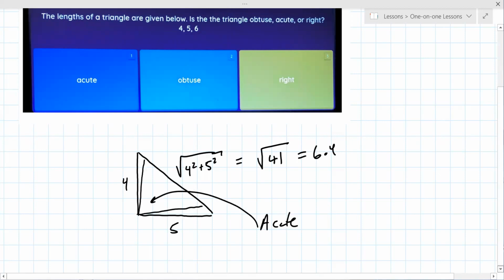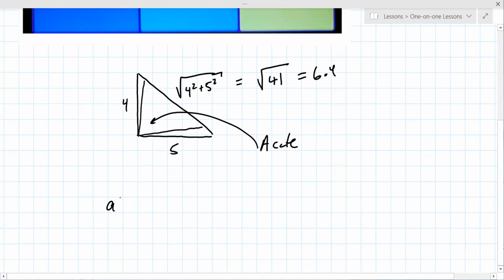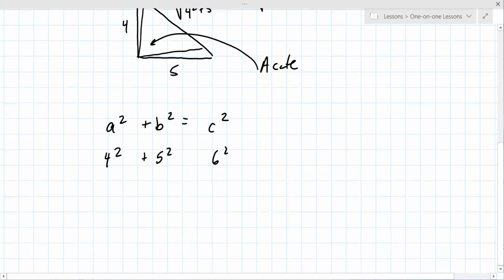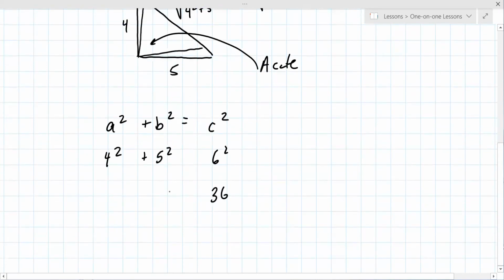Now let's go through how to actually do this with the numbers. So you have a squared plus b squared equals c squared. In this case you had 4 squared plus 5 squared, and you had 6 squared. So this is 36, this was 41, and it's however you want to remember it. But if the two shorter sides squared are greater than the longer side squared, it's acute.